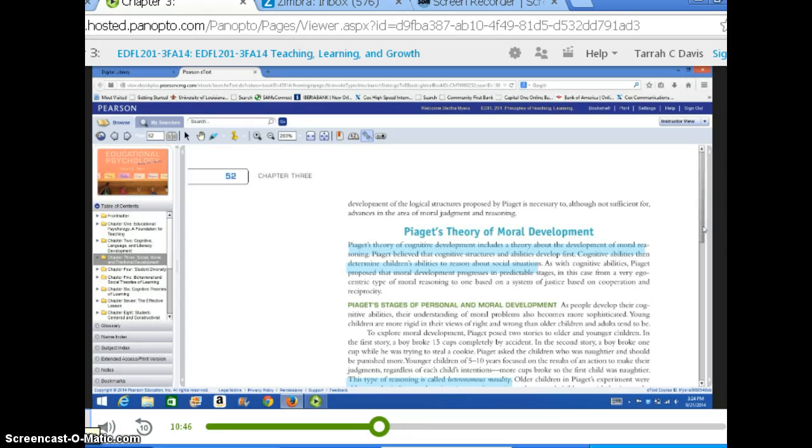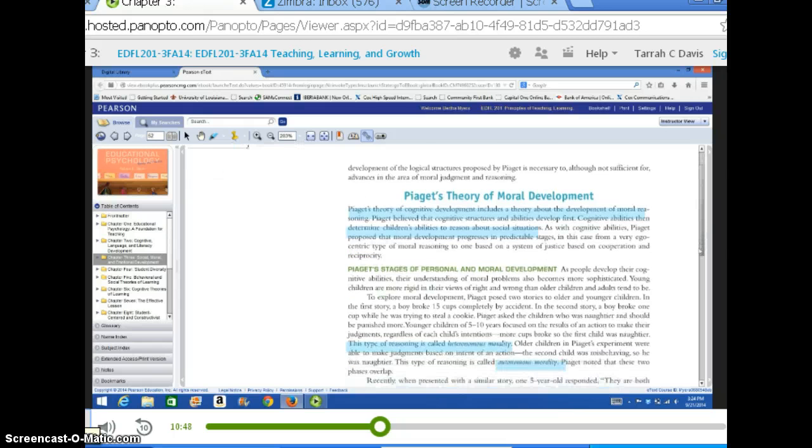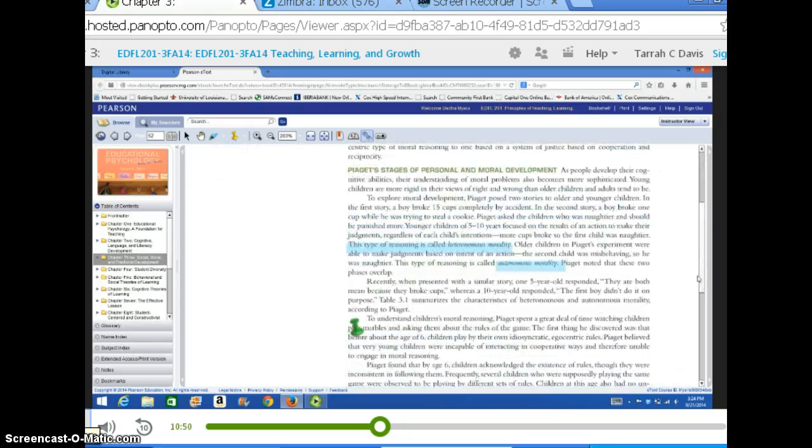His stages are not exactly what you would think of, and they're not spelled out as well as his cognitive stages. He divides them basically into these two, heteronomous and autonomous morality, and he says these two phases basically overlap, and it's basically about following rules.